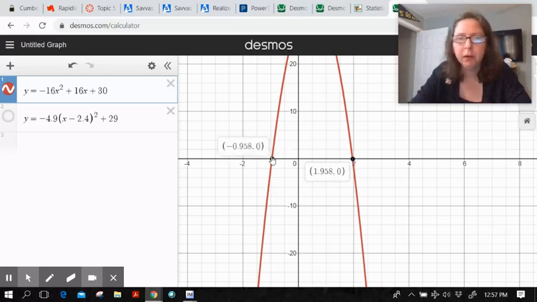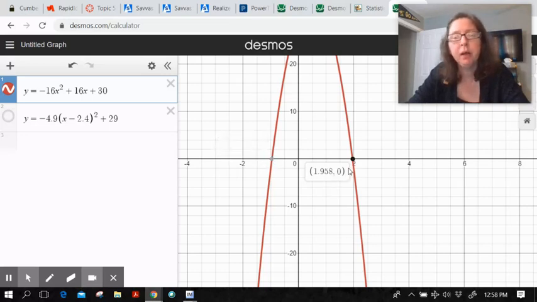Now there are 2 x-intercepts. We have to be very careful with our word problems that we choose the correct one. If I jump and somebody starts clocking me, would it make sense that time would be a negative? And the answer is no. So typically with these word problems, we want to find the positive x-intercept value.